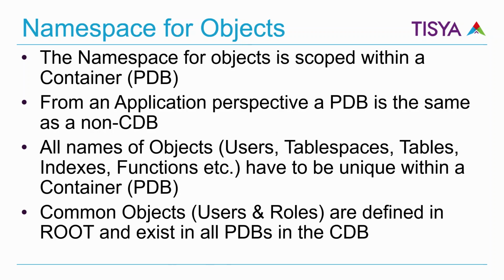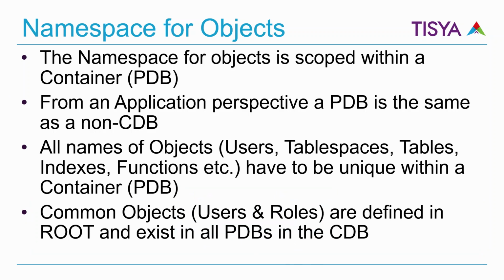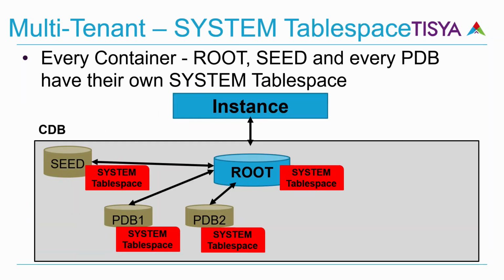And there is a concept of common users. Such common users are created in the root and they are also replicated and kept in the PDBs. Both users and roles have a special type called common. We will look at it in a different video. Thus, every container database has a root along with the seed plus additional PDBs that you create.